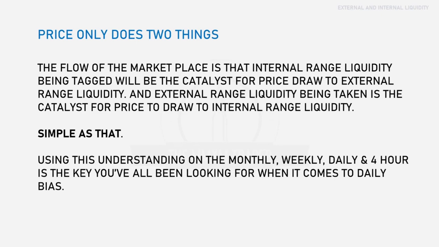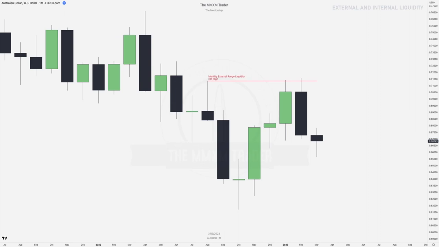All right, we've got an Australian dollar, US dollar monthly chart over here. Now, let's look at where the monthly external range liquidity is. So we rate this external range. Now, without going further, where does your eye draw into? You should be looking at internal range liquidity in the form of a fair value gap.